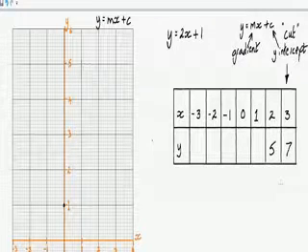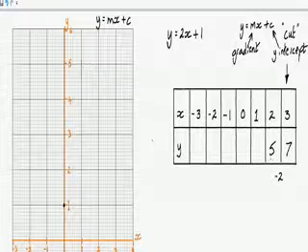Now this is the reason I always start at the top here. This will always follow a pattern. So if I go from 7 to 5, I'm taking away 2. This will happen all the way through.